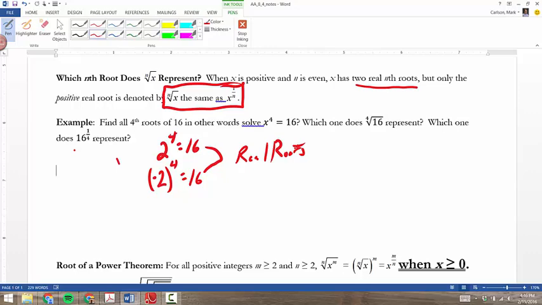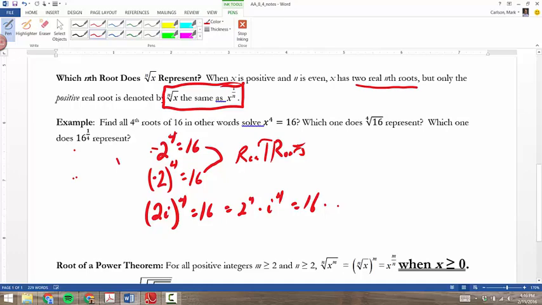Now, there are also two other ones. Right now we could use technology to do this, but if we think about it a little bit, I think we can get there as well. If I think about 2i to the fourth power, that's also 16, because that's really 2 to the fourth times i to the fourth, and 2 to the fourth is 16, and i to the fourth is like i squared times i squared, and we know that i squared is -1, so it's really like 16 times -1 times -1, which is equal to 16.